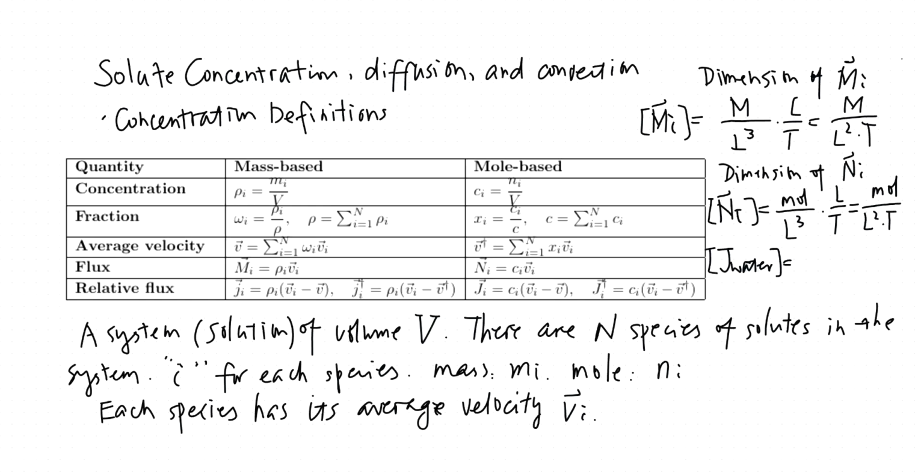It is the volumetric flow rate per unit area. The volumetric flow rate itself is volume, which is length cubed per unit time, and then that amount per unit area gives us length per time, which gives us velocity.